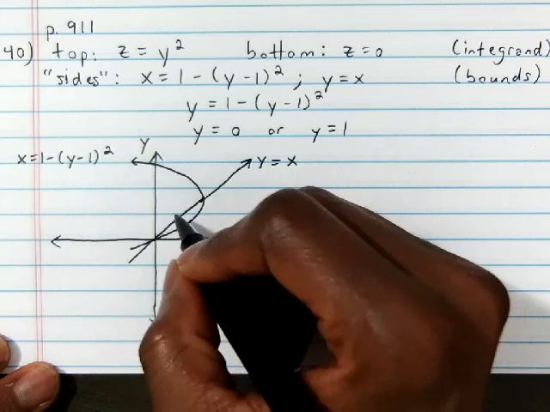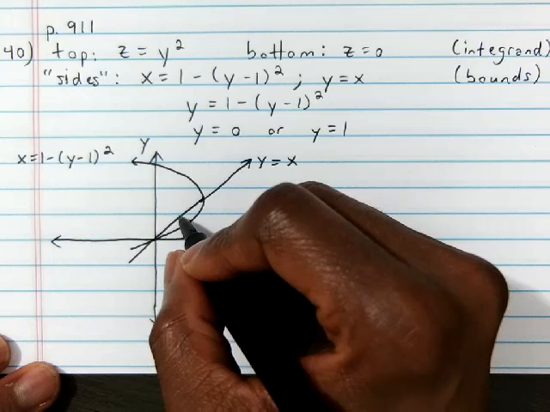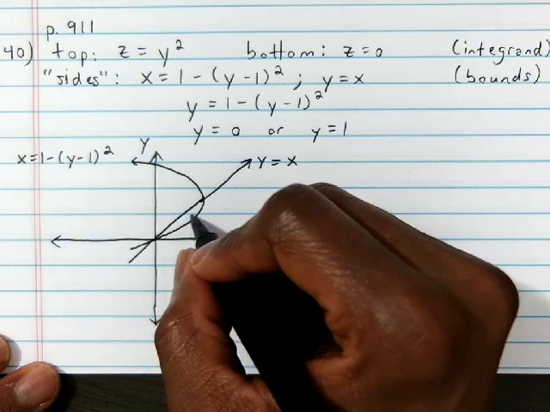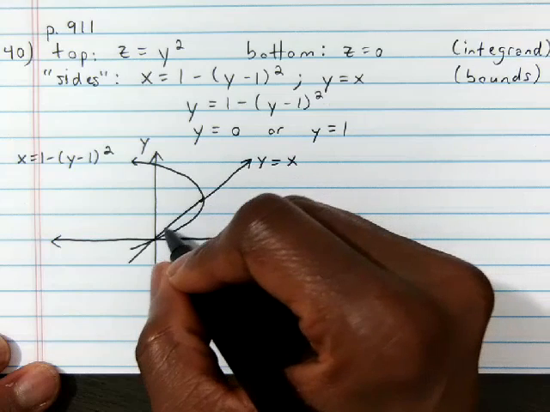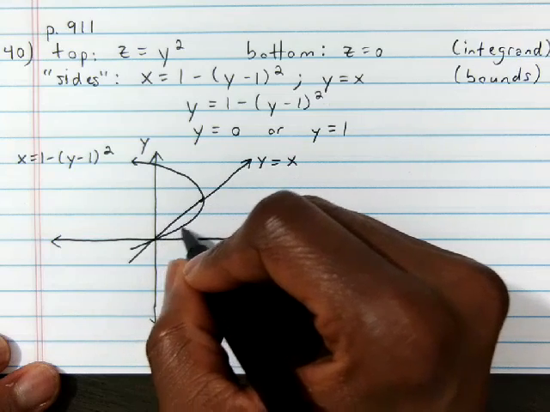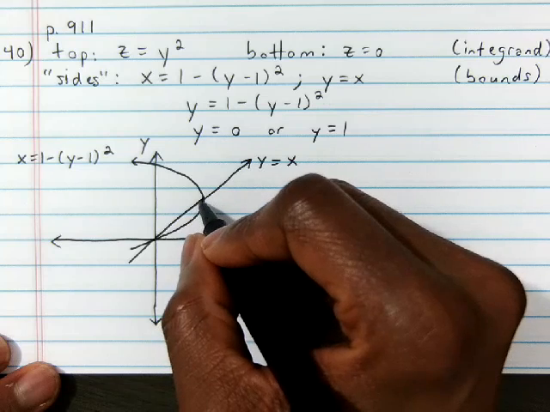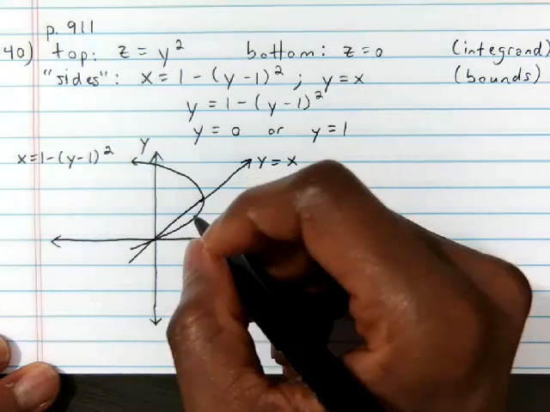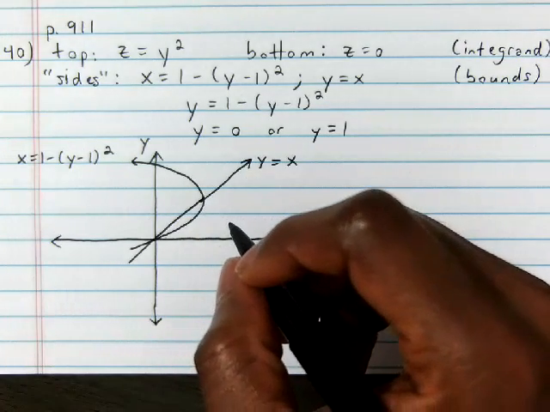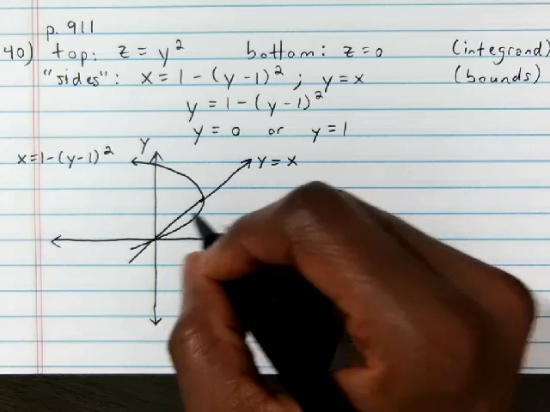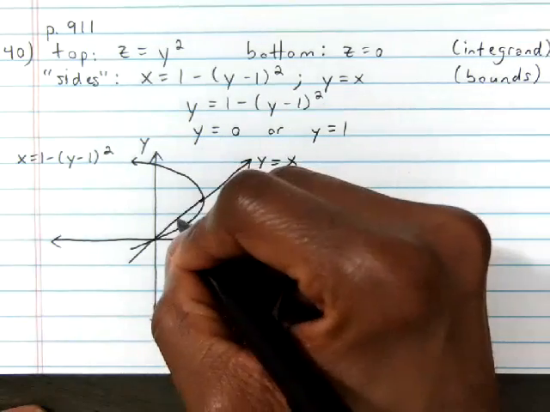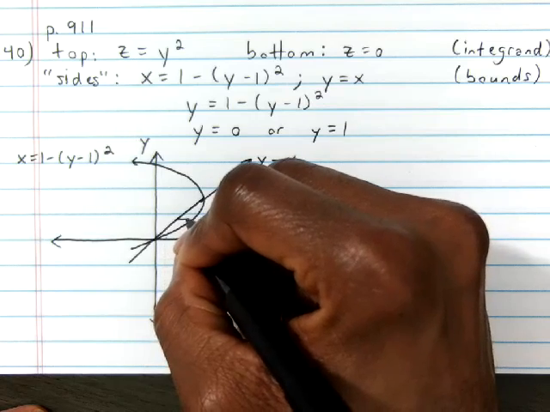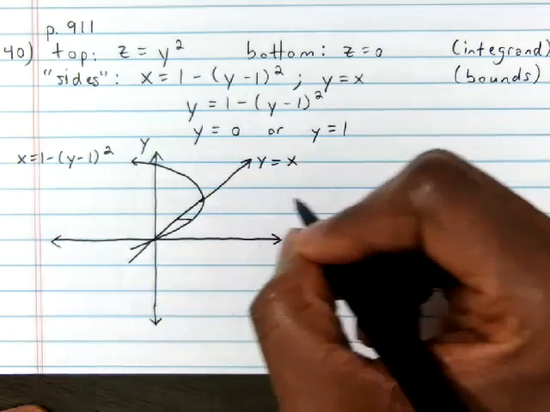So instead, let's go in as a type 2 and go from function to function in the positive x direction. And then we already have this is x equals y, and this is x equals 1 minus the quantity y minus 1 squared. So notice some regions are both type 1 and type 2. But the nature of our problem kind of dictates that we should probably just go this way.